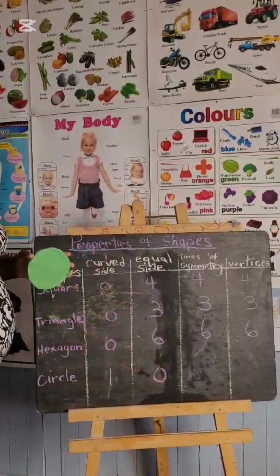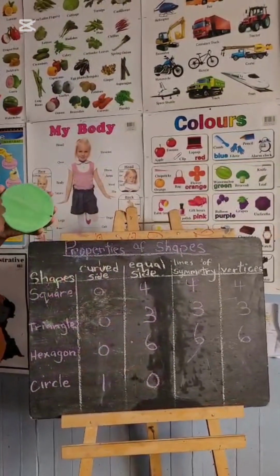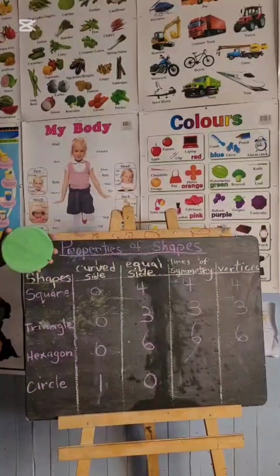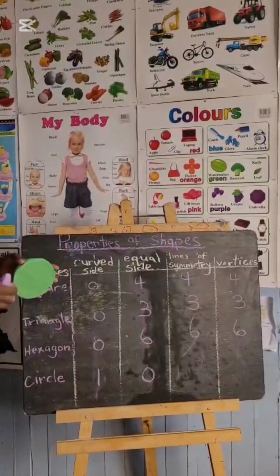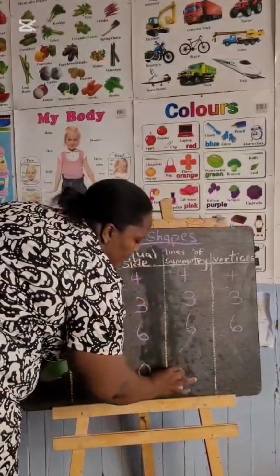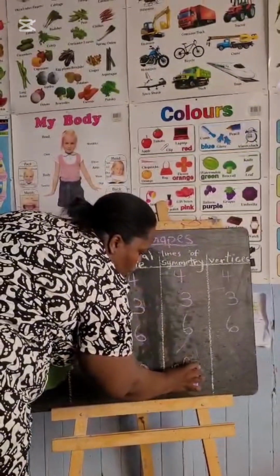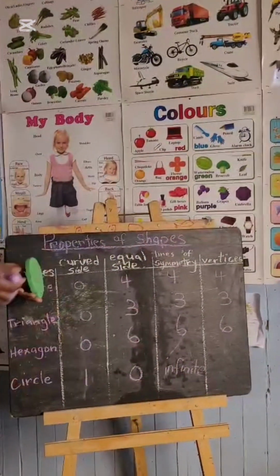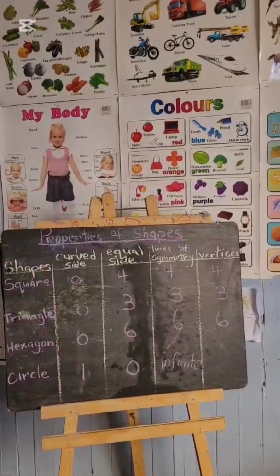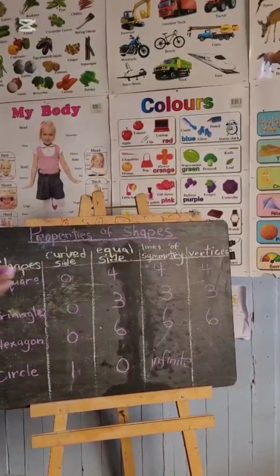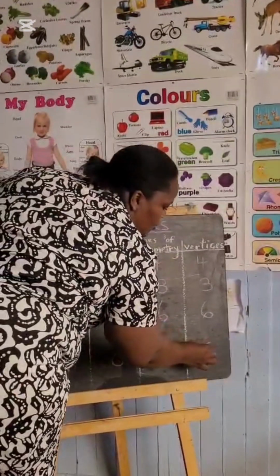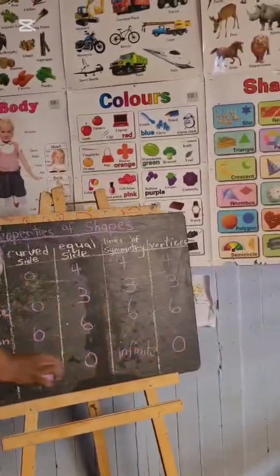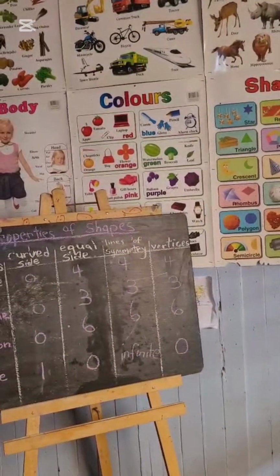So then for the lines of symmetry, because it's a circle, we will have an infinite number. So we will put infinite, meaning that you can draw as many lines of symmetry as you need. And how many vertices do we have? We do not have any vertices. That is correct, Mark. So that would be 0. Okay, so copy.